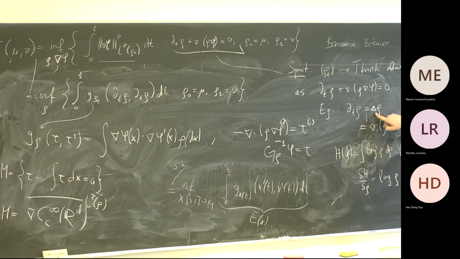And this means that in this Wasserstein sense, in this Riemannian geometry, this is a gradient flow of this with respect to this. This is sort of the statement. So it's not really optimal transport, but it's sort of a gradient flow in this optimal transport sense. Yeah.